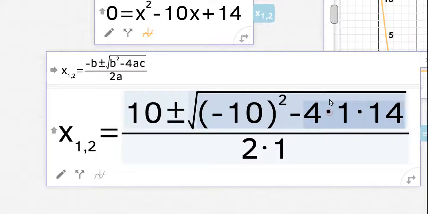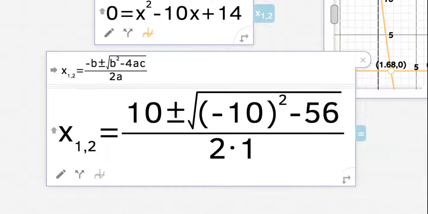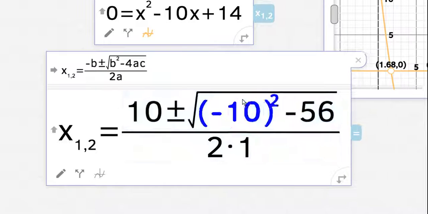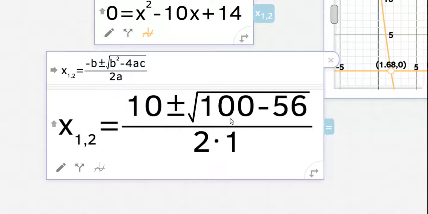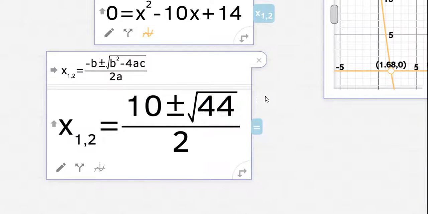So to simplify things here, I have to click on some things. So that multiplies those numbers out. Click on that. Square that, that's positive 100. Multiply that, that's 2 times 1, 2. And, oh, do I have some like terms there? I can double click on that, and that becomes root of 44.